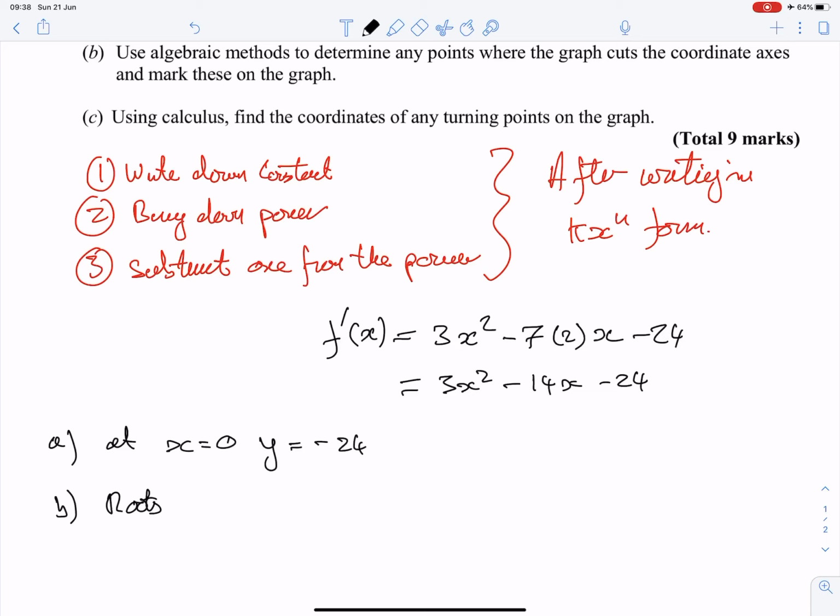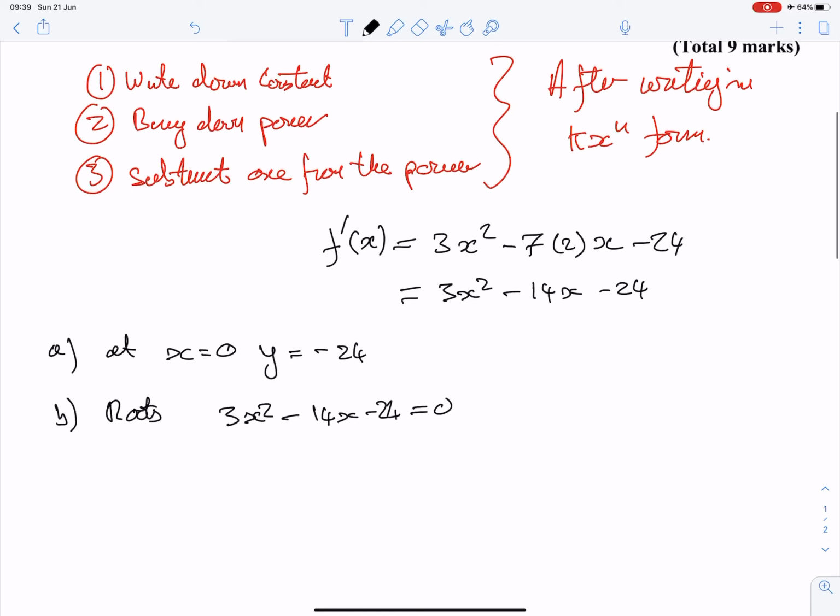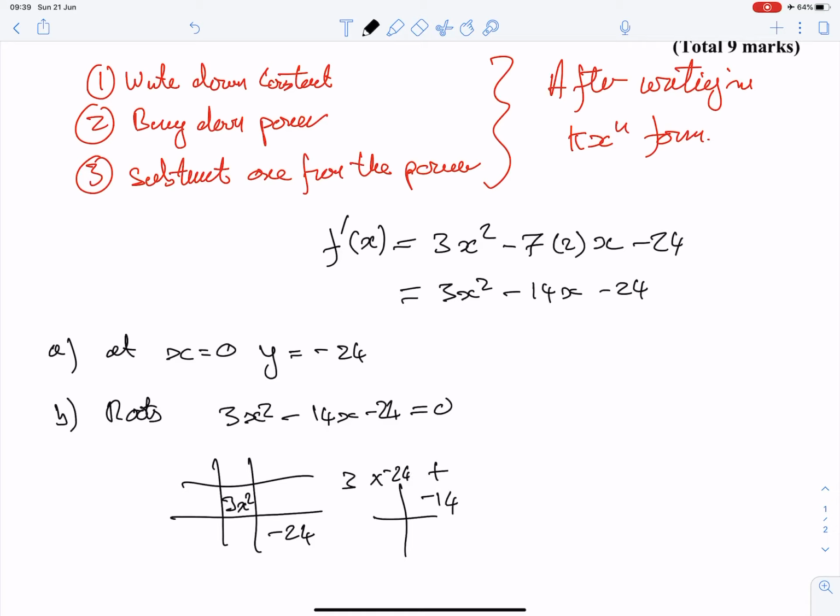Roots, this really is part B. So roots, 3x squared minus 14x minus 24 equals 0. Well, we're going to try and factorise that. So we're going to use our grid. 3x squared minus 24, so they must multiply to give 3 times negative 24 and add to give negative 14. 24 is 3 and 8.